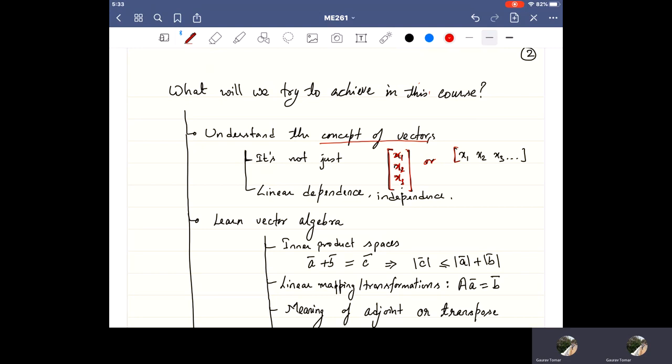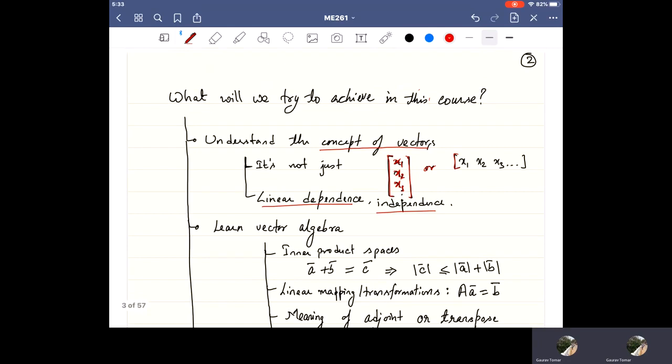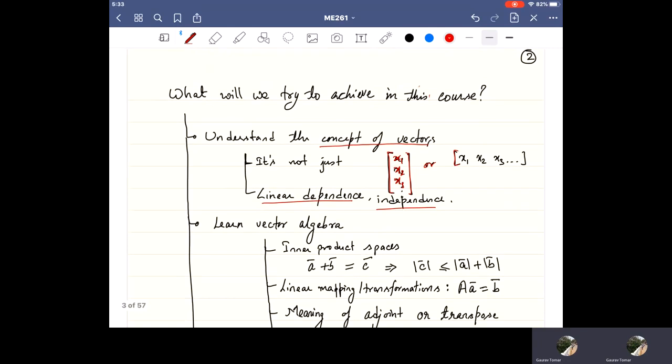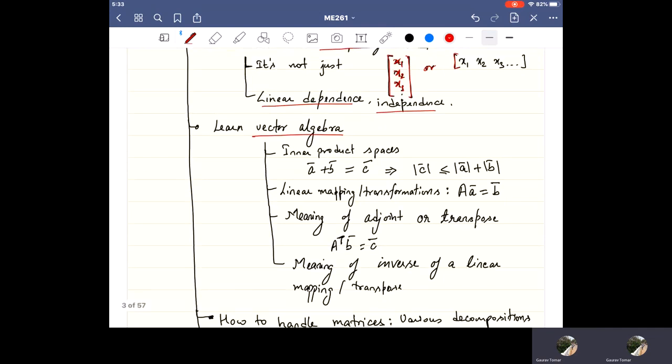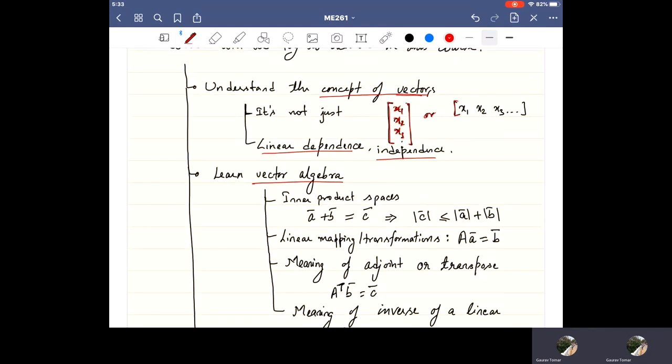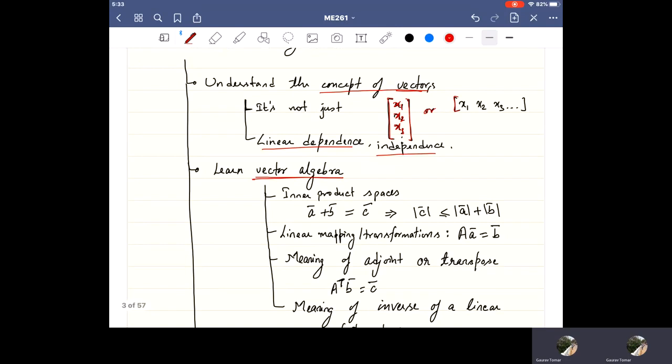Once we are done with the concept of vectors, we will also learn about linear dependence or independence. When we deal with vector algebra, essentially what we can do with these quantities called vectors, the operations between vectors, for example, we'll learn about inner product spaces.